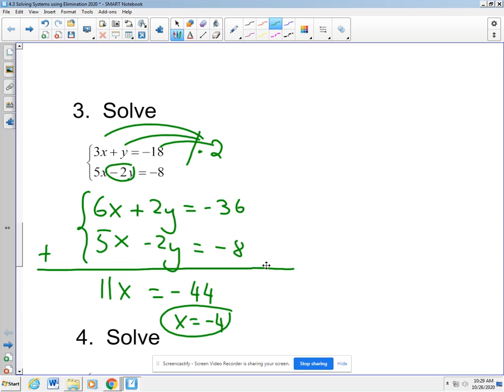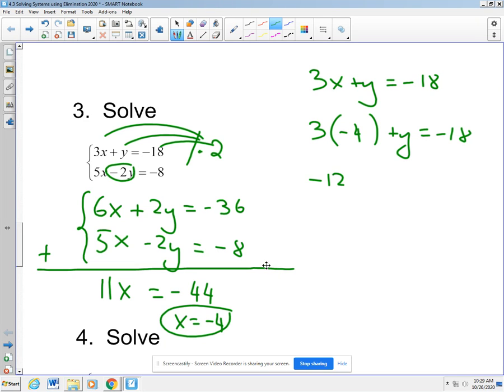How do I get the other variable? Pick one equation. I will pick the first one. So it's 3x plus y is equal to negative 18. This will be 3 times negative 4 plus y is equal to negative 18. 3 times negative 4 is negative 12.